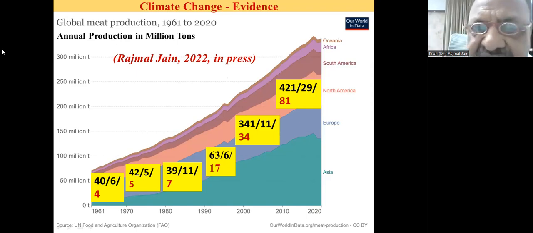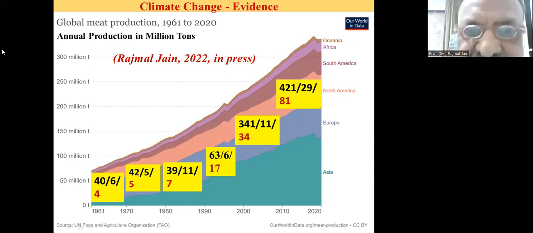Please remember, underline millions of tons. 1 million means 10 lakhs, that is 10 to the power 6, and 1 ton is 10 to the power 3 kilograms. So it is 10 to the power 9 kilograms. In the y-axis, everything is written in million tons.